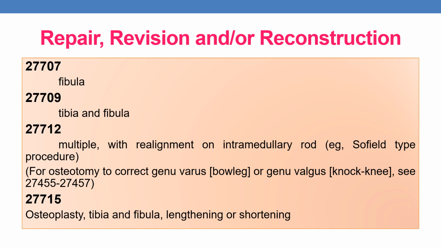And for osteotomy to correct genu varus, that is bowleg, or genu valgus, that is knock knee, see 27455 to 27457. The next CPT is 27715. It deals with osteoplasty, tibia and fibula, lengthening or shortening.